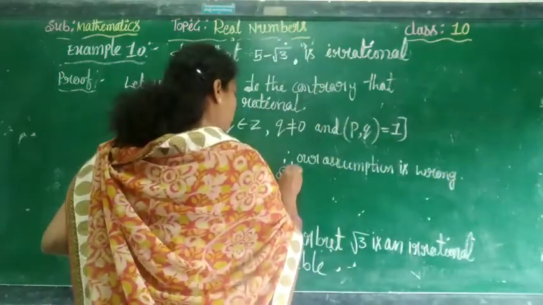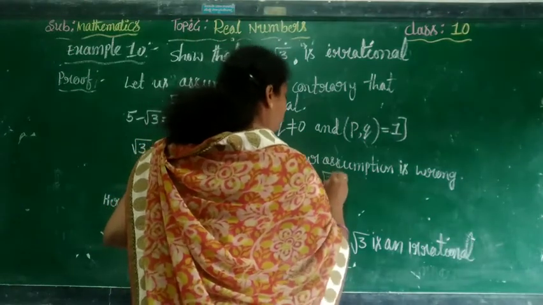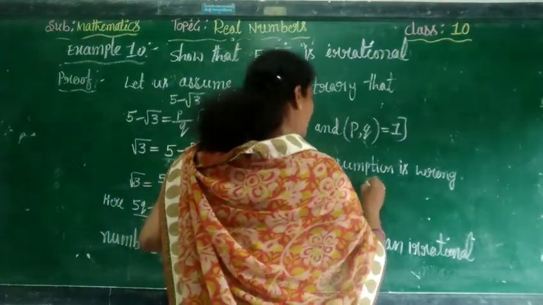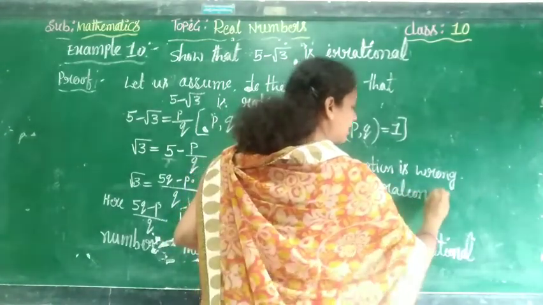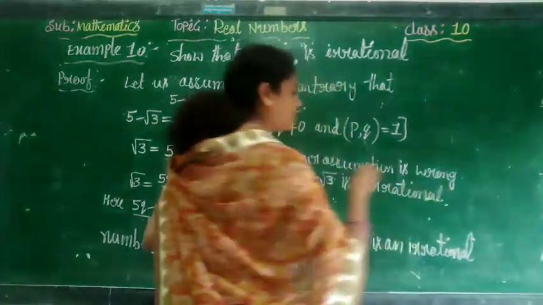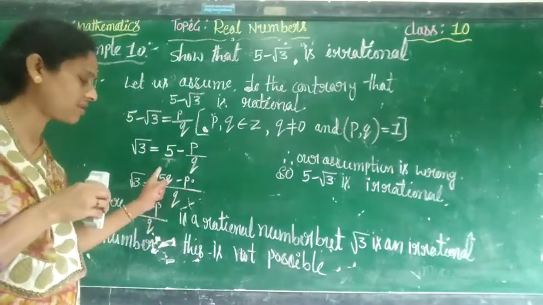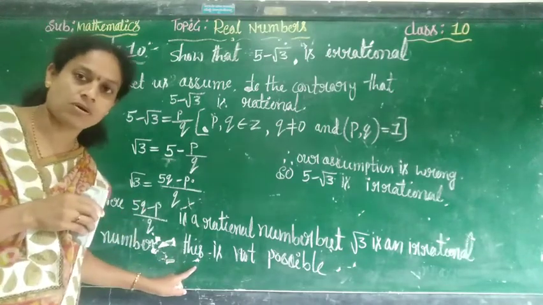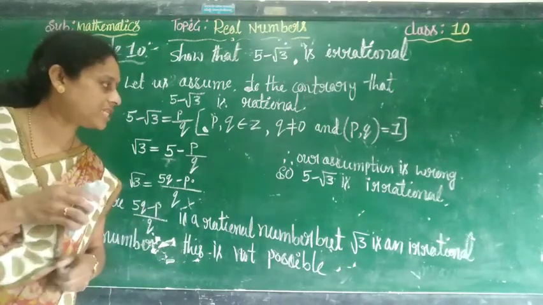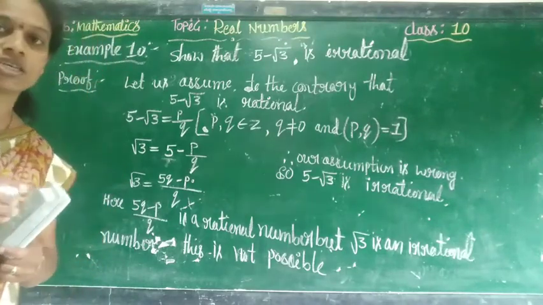So 5 minus root 3 is irrational. Once again, this one is a rational number and root 3 is an irrational number. This is not possible. Our assumption is wrong. So 5 minus root 3 is irrational.